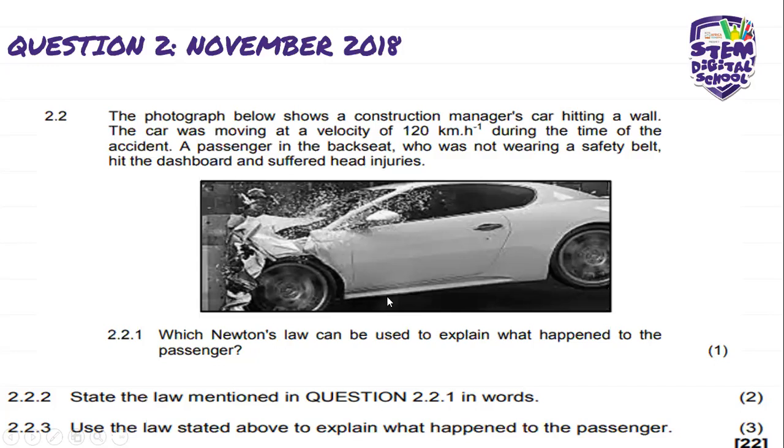So this is a construction manager's car and it hits a wall. That is so unfortunate, right? The car was moving at a velocity of 120 kilometers per hour during the time of the accident. A passenger in the back seat who was not wearing a safety belt hit the dashboard and suffered head injuries.